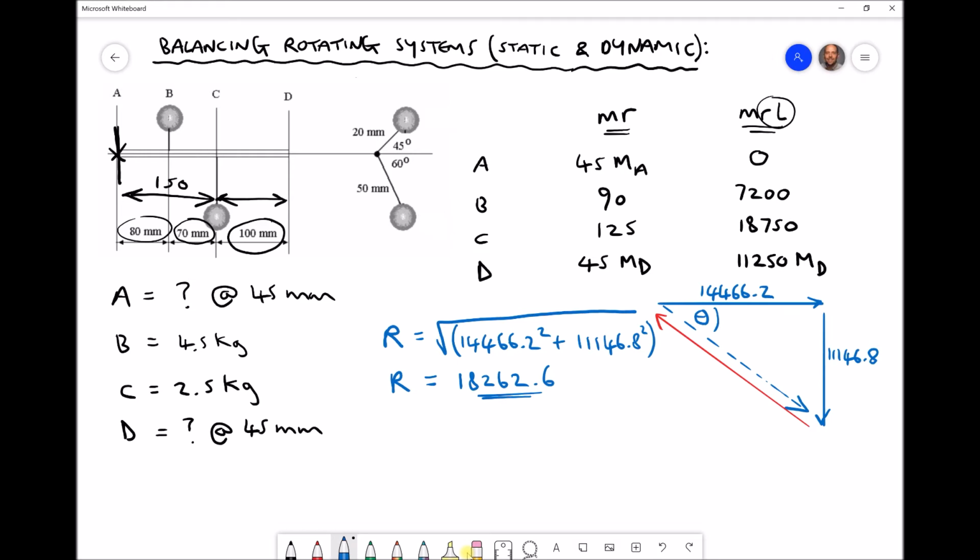And before we discuss the significance of that, let's also work out our angle theta. Theta is tan to the minus 1 of opposite, well, opposite the angle we have 11146.8, over adjacent, and our adjacent is 14466.2. Gives us an angle theta equal to 37.6 degrees.